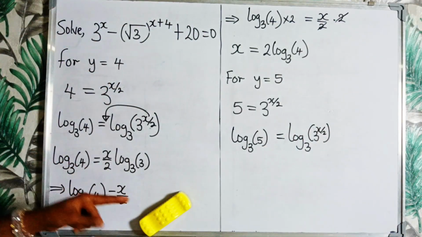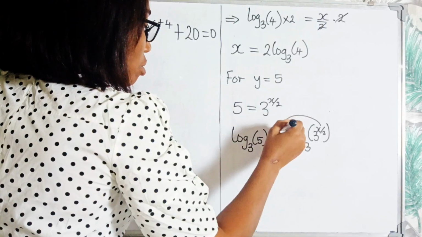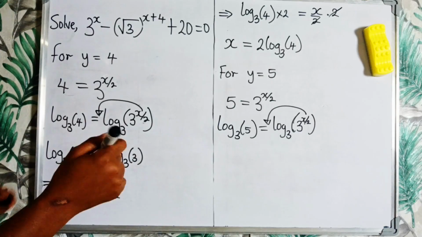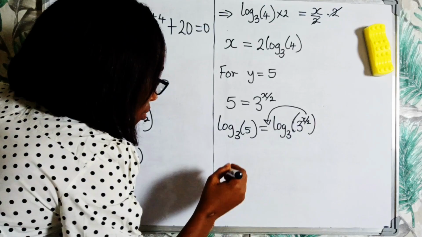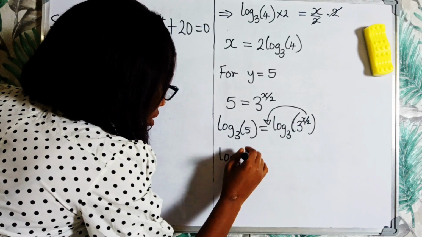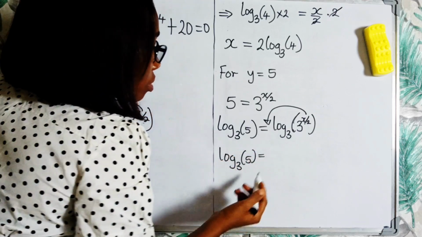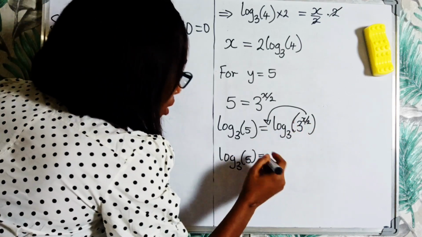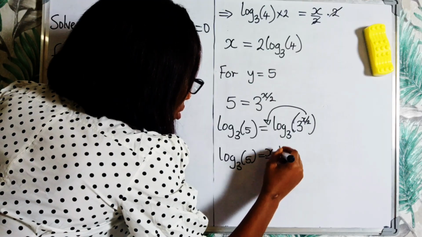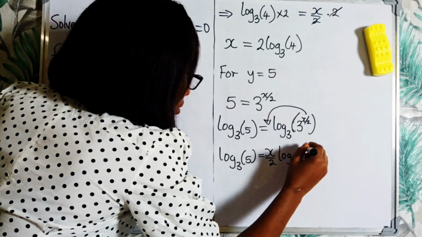Now, like I said, we are allowed to move this exponent to this side. So now we have log base 3 of 5 is equal to x over 2 log base 3 of 3.